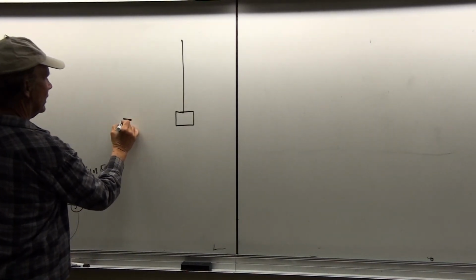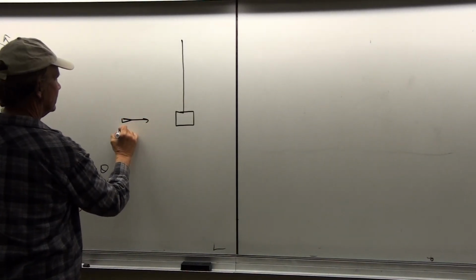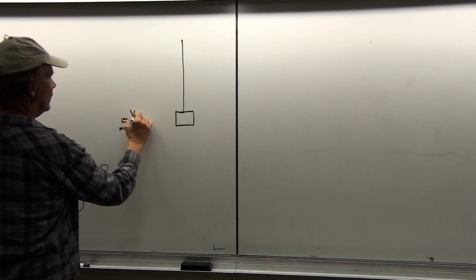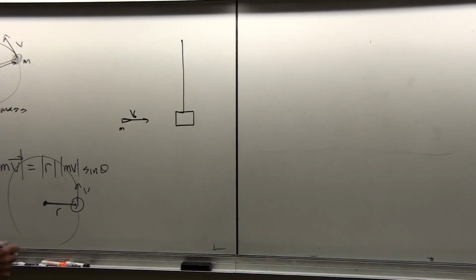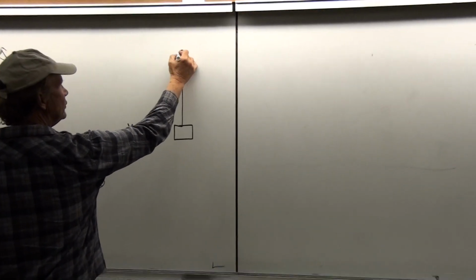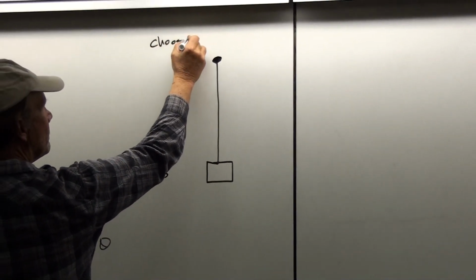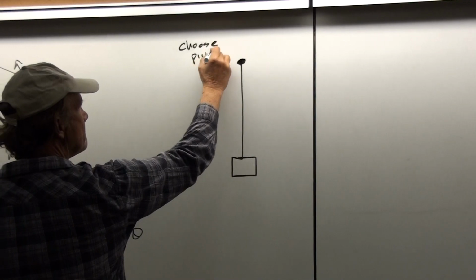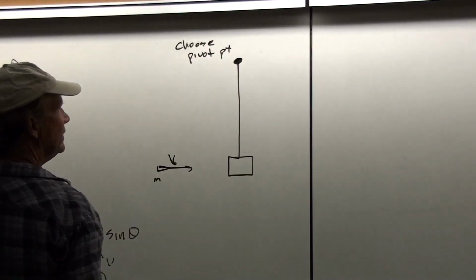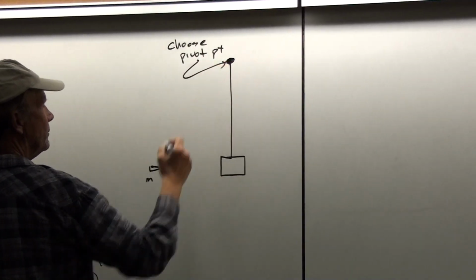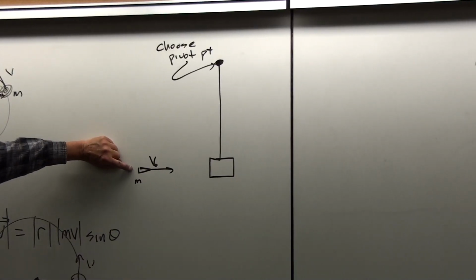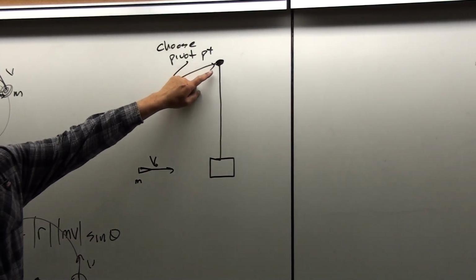So here comes our mass in like this. Here's little m. Here's some velocity v naught. We might be interested, once we choose a pivot point, in finding the angular momentum of the bullet about this pivot point.